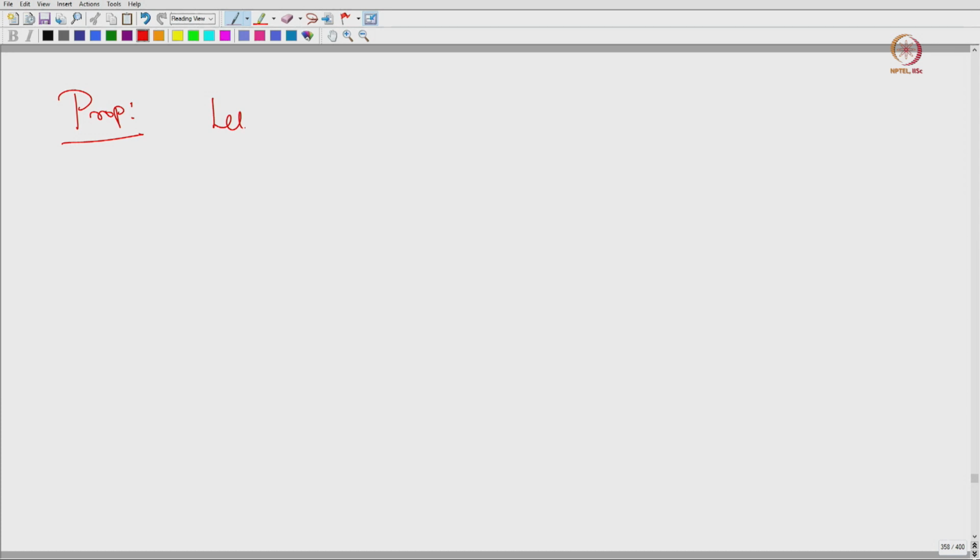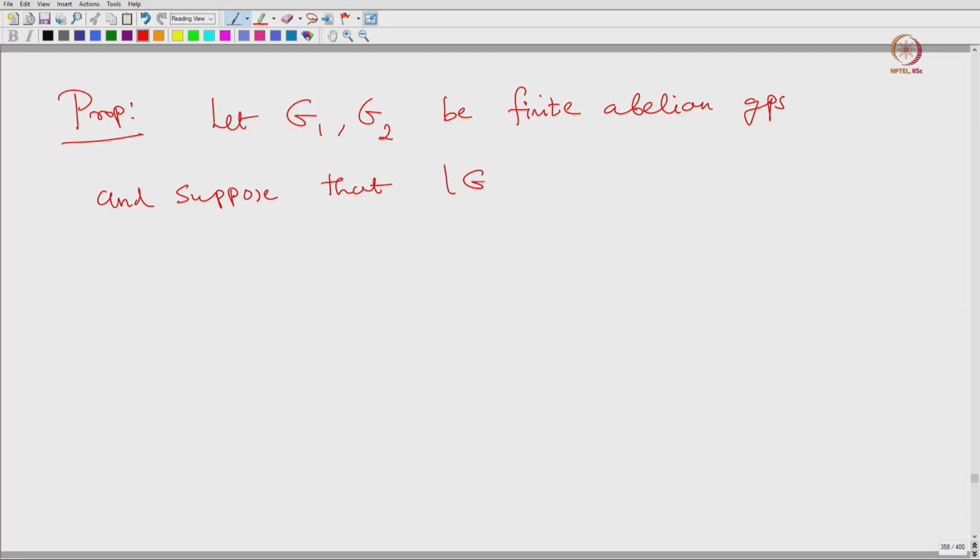So, let us take G1 and G2 to be finite abelian groups, and suppose that the cardinality of G1 is m and the cardinality of G2 is n.